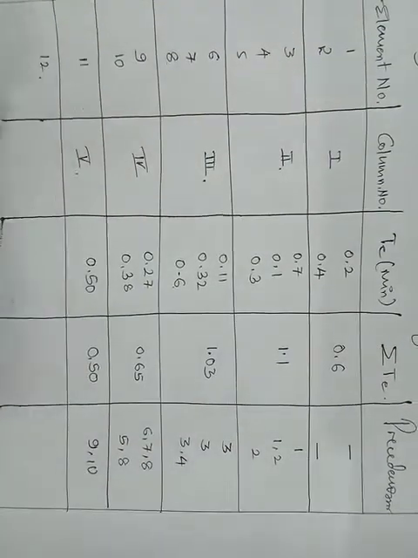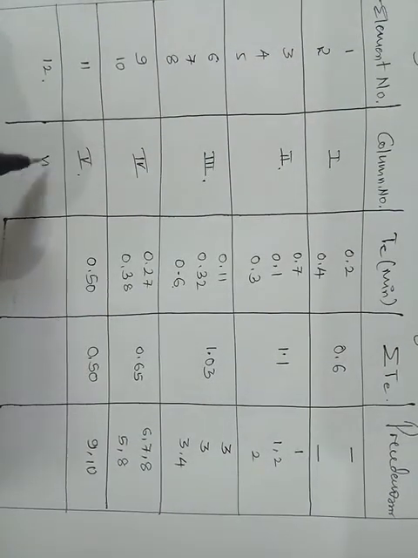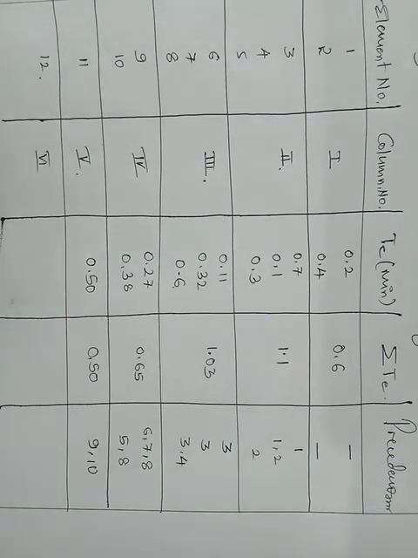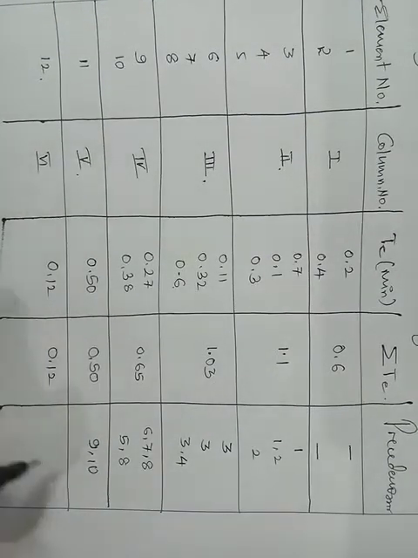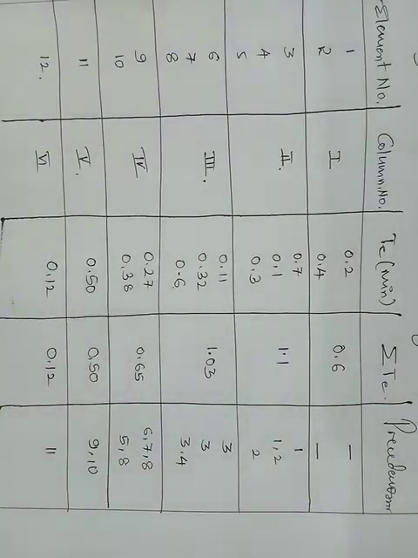At last we are having 12, column 6, and 0.12. Here also it is 0.12. Precedence is 11. Okay, either you can call it precedence or predecessor, whatever it may be, both are the same. Now we shall allot the workstations.